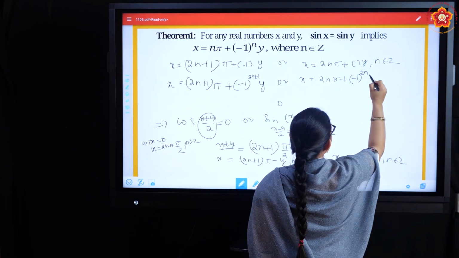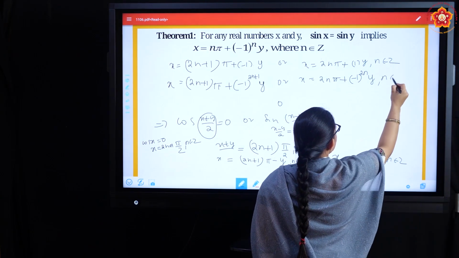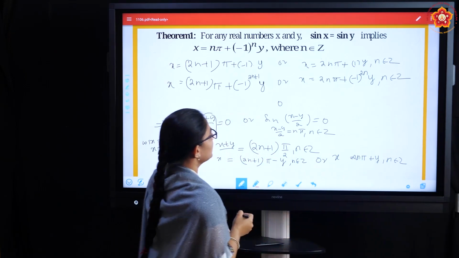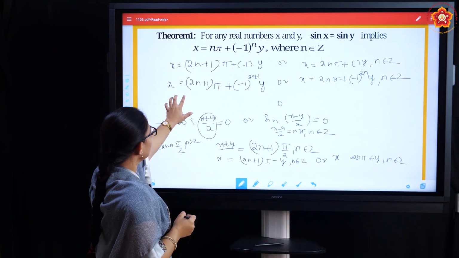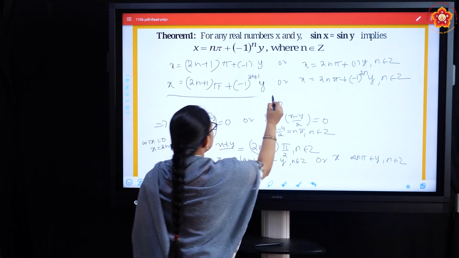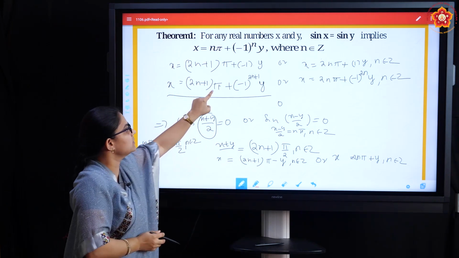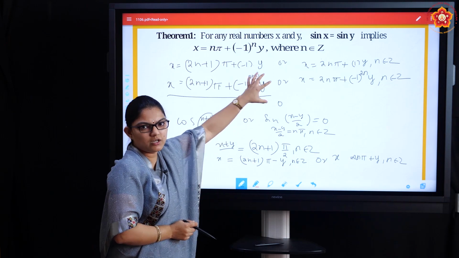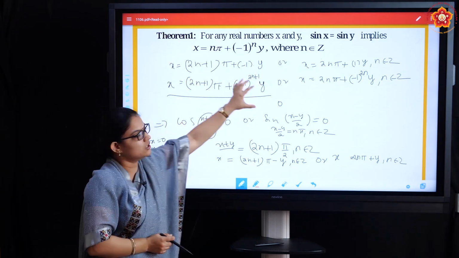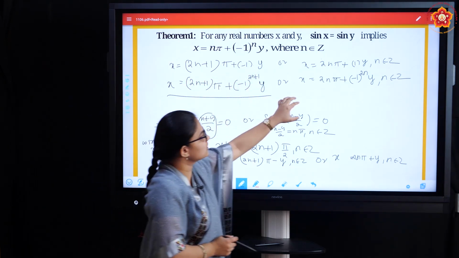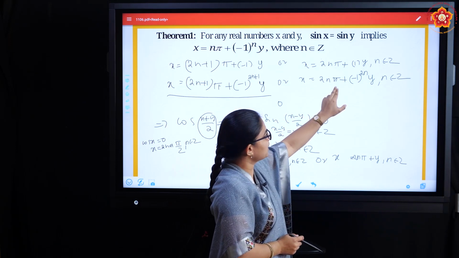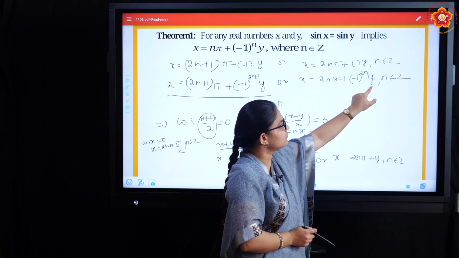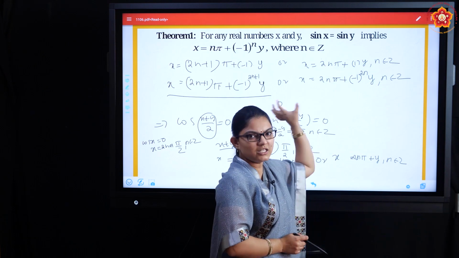So (minus 1) to the power 2n for y where n belongs to Z. So now I have this equation x is equal to (2n plus 1) pi plus (minus 1) power (2n plus 1) y, which covers all the odd numbers, and here x is equal to 2n pi plus (minus 1) power 2n y, which covers all the even numbers.